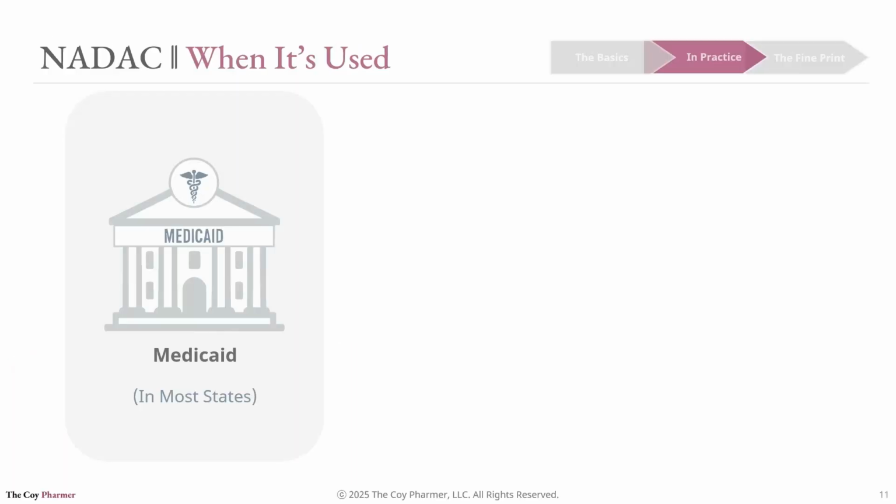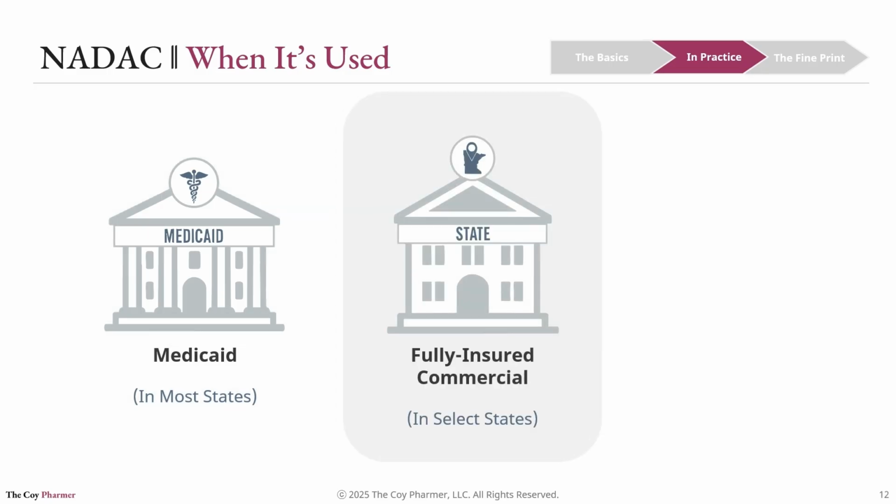So who uses NADAC? First and foremost, the most common utilizer of NADAC pricing is Medicaid in most states. This is not the only, but is usually a substantial portion of the logic used to determine what pharmacies will be paid for rendering services to Medicaid patients. There are some select states that have moved towards requiring NADAC-based reimbursement for fully insured commercial business or any business overseen by the local Department of Insurance.